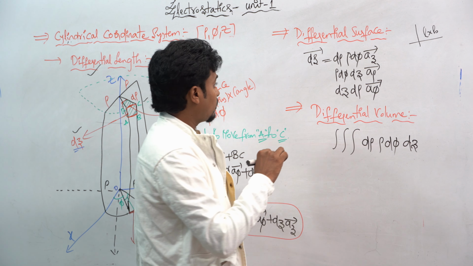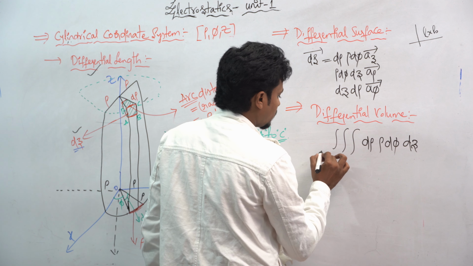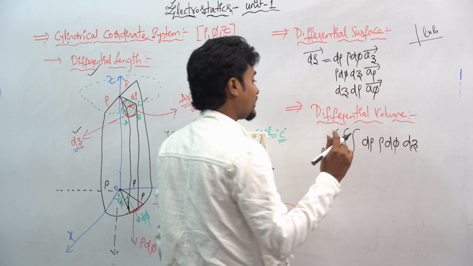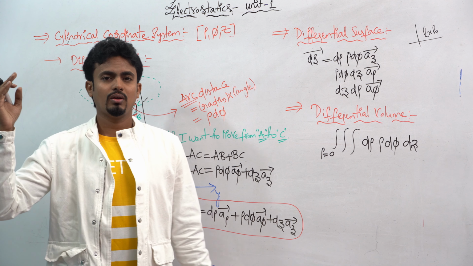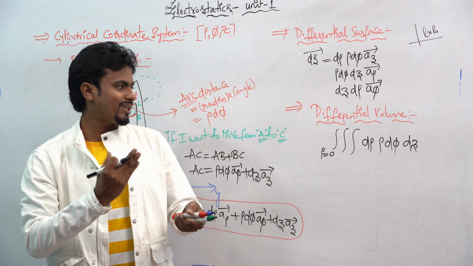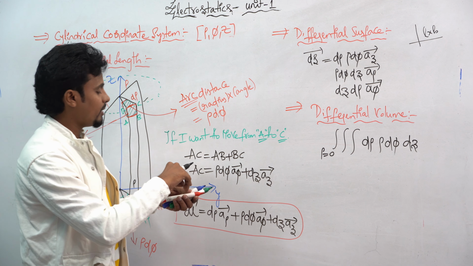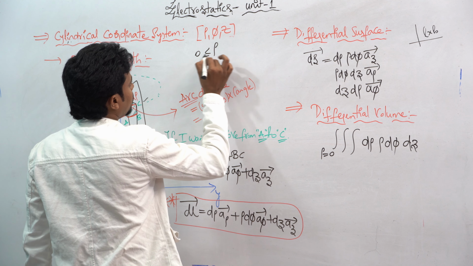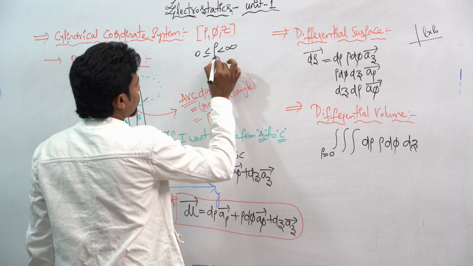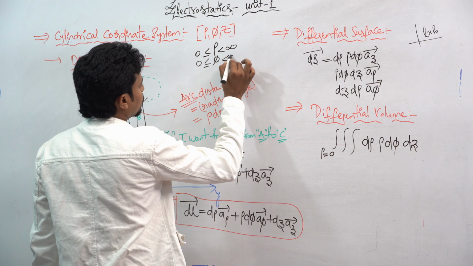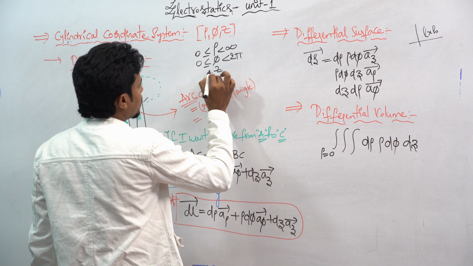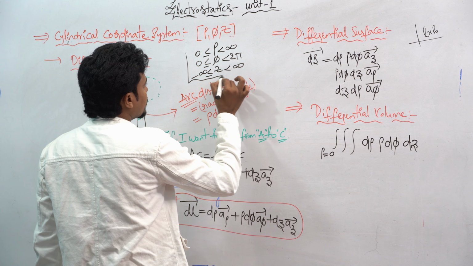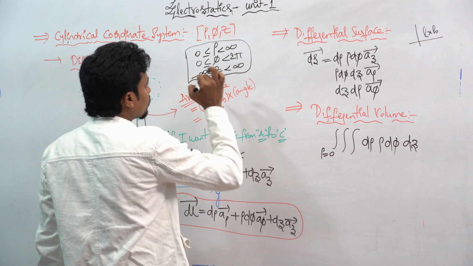What will be the range of parameters for rho, phi and z? For rho, that is 0 to infinity. For phi, that is 0 to 2 pi. Z is from minus infinity to plus infinity. This is our range of parameters for the cylindrical coordinate system.